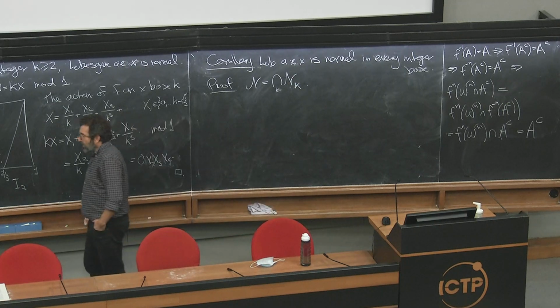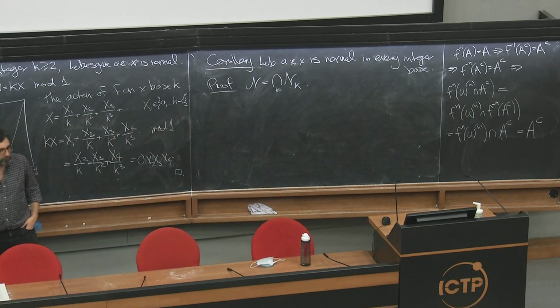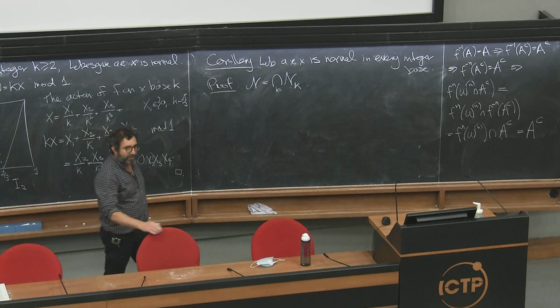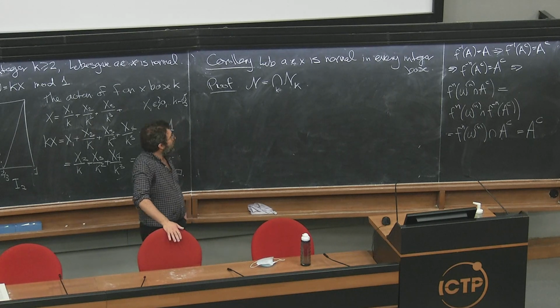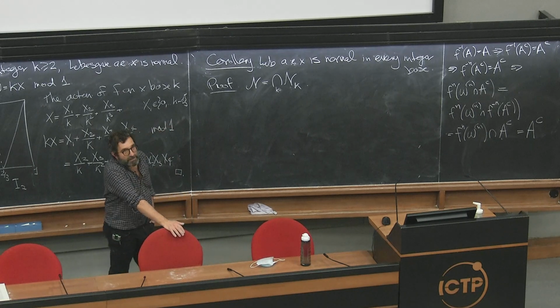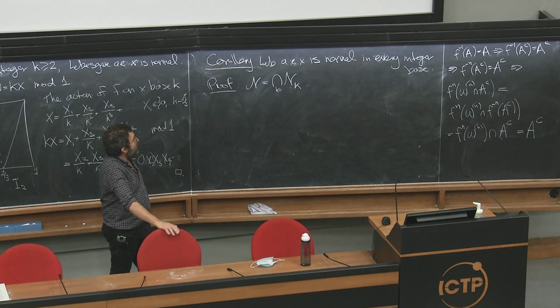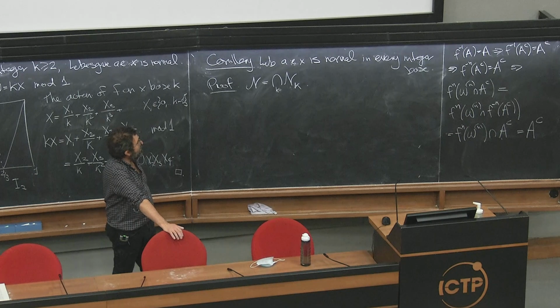But the curious thing is that as far as I know, I don't think any number is known explicitly that is normal in every base. So this is a completely abstract result. There's no relation between the bases.